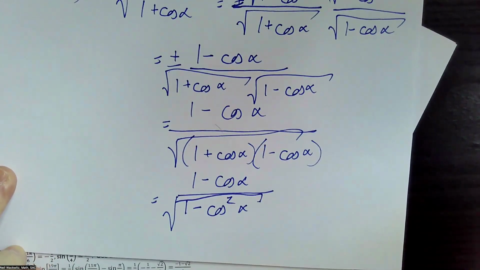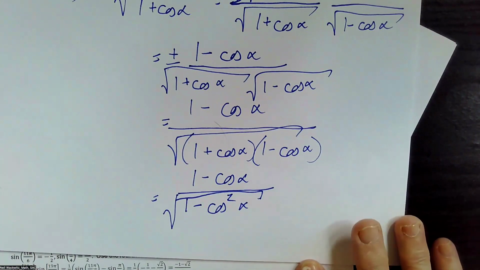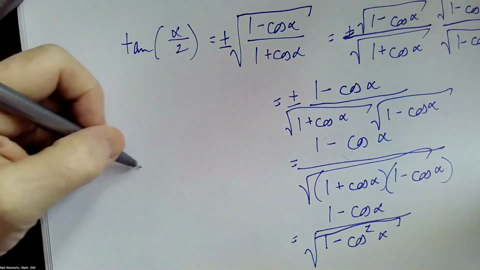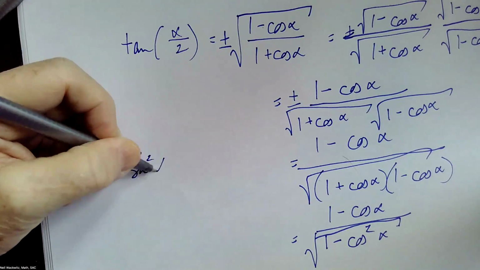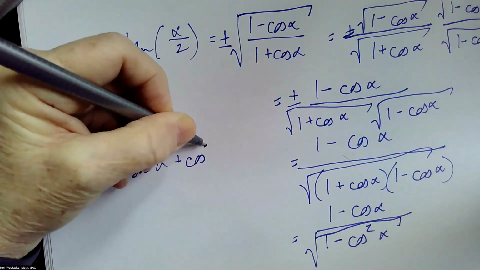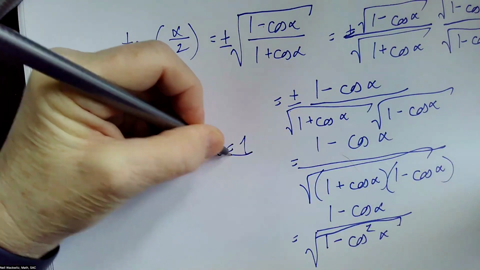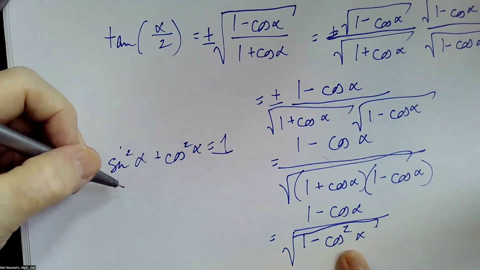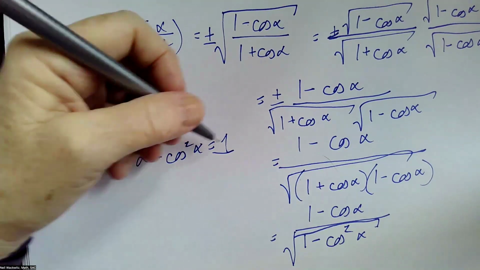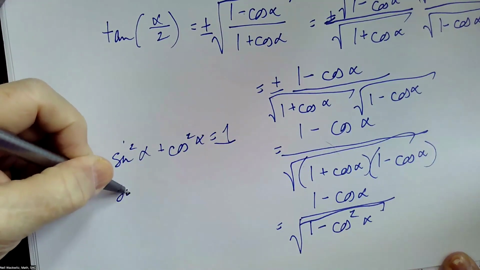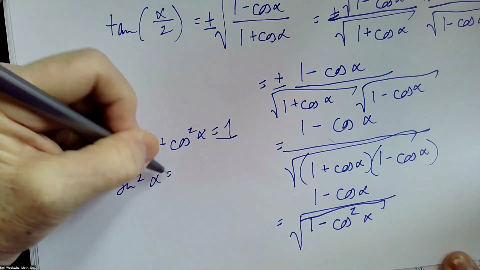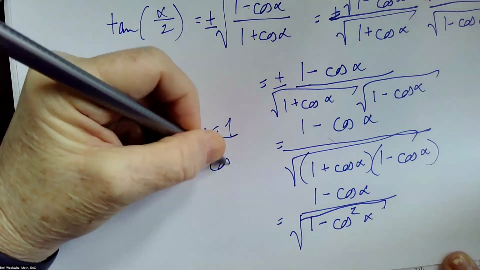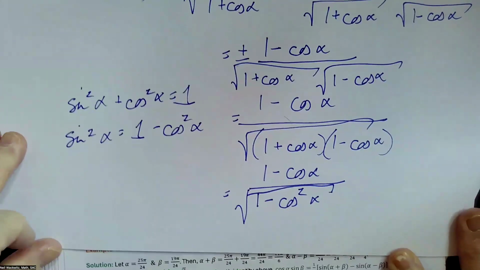And we're going to use a Pythagorean identity, the main one, which is that sine squared alpha plus cosine squared alpha is 1. To replace 1 minus cosine squared, let's see, if we subtract cosine squared alpha from both sides, we get that sine squared alpha is 1 minus cosine squared alpha.